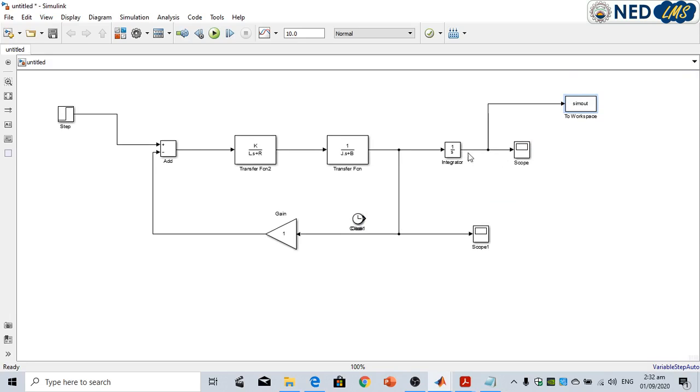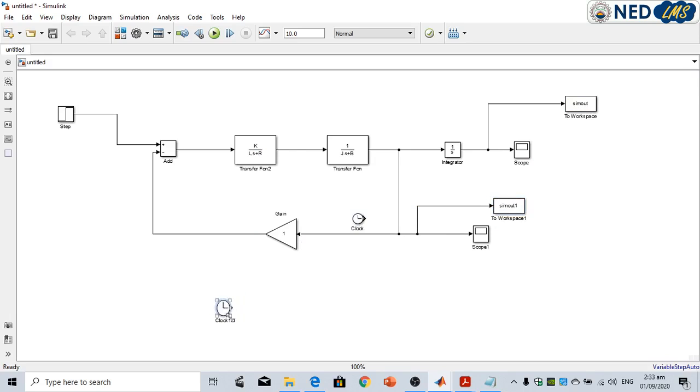Here is a block. This block is used to store values in the workspace. First of all, we use this block to store an array for the angular displacement, and in order to store the array for angular velocity, also connect this block with the second one.